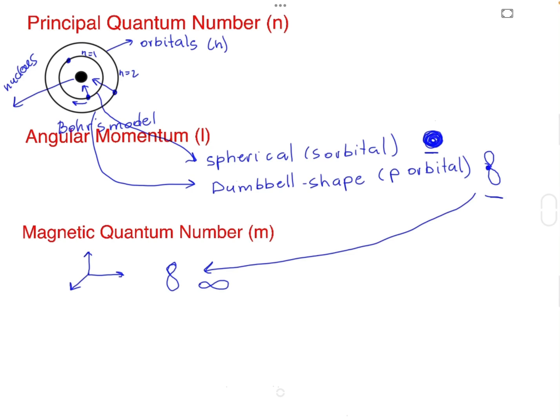And then the third one is actually pointing towards you. I don't know if I can draw it, so I apologize, but this is how it looks. It's basically pointing towards you, and you're only seeing this part.